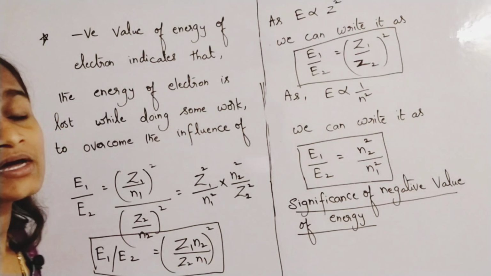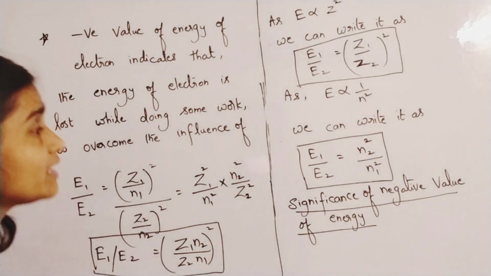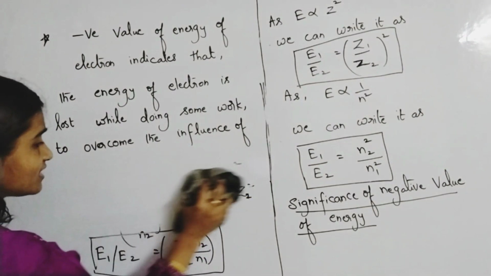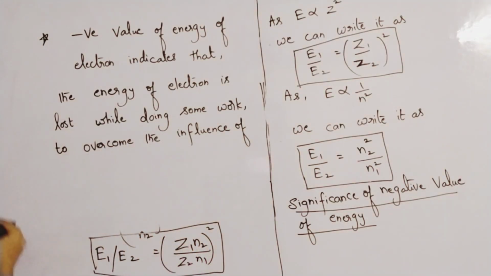In order to overcome the influence of the nucleus, the electron has to do some work, and in doing that work some of the energy is lost.